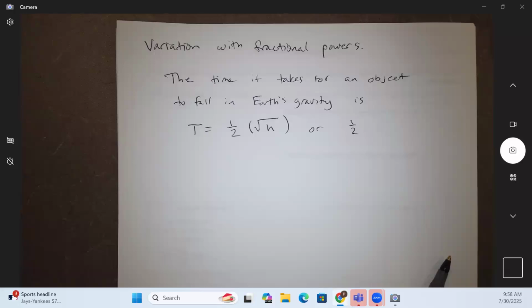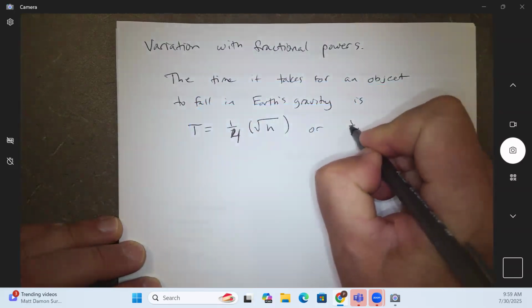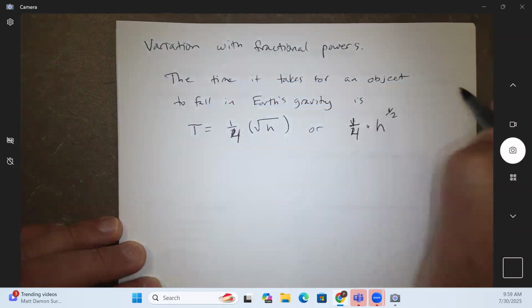I don't want to give you wrong information. One quarter. So it's 1/4 times height to the 1/2.